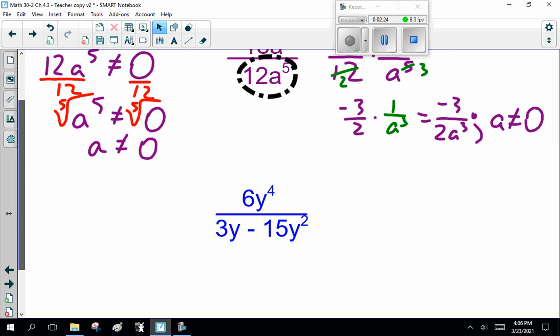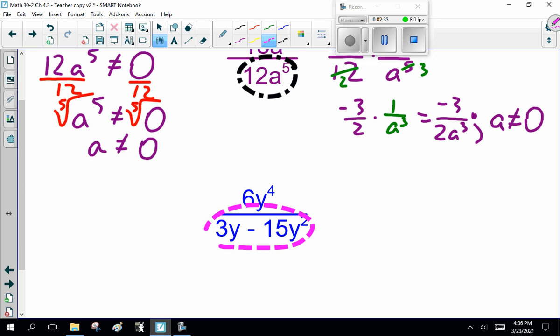Then the next part, the exact same thing. The denominator down here. Now, I want you to note 3y minus 15y squared. This goes back to factoring. We did this a few lessons back. So 3y minus 15y squared does not equal 0. This one's a little nastier because of the minus, which means we have to factor out something from each term first.